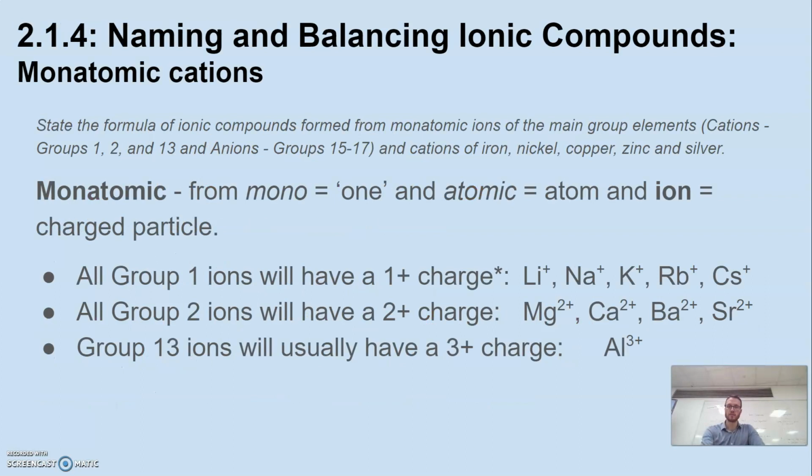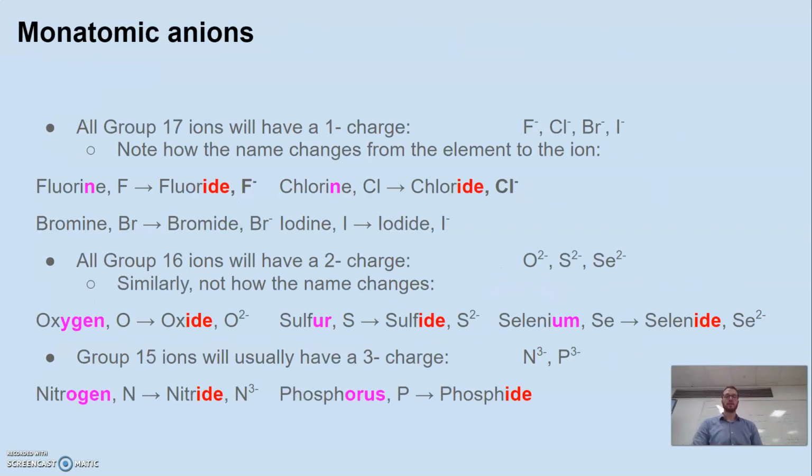Whereas with our metals, I'll just go back here, our group 1, group 2 metals, the name of the metal remains. So we've got the sodium atom versus a sodium ion. Potassium atom versus potassium ion. The name doesn't change. So the name changes for our non-metals. All group 16, 6 valence electrons, wants 2 more to fill its octet.